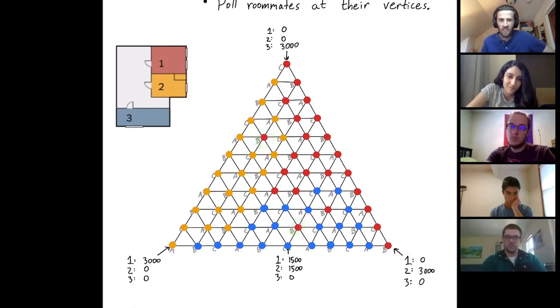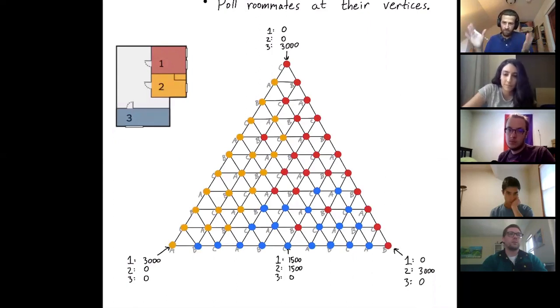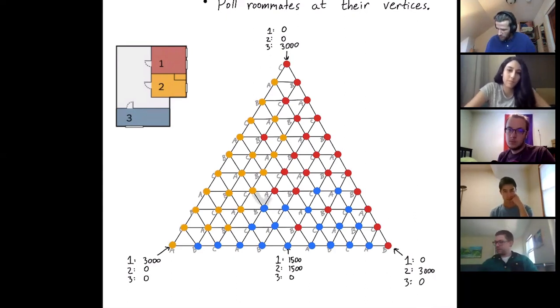There are price points where nobody else is considering room 1, but person B still is, right? Nevertheless, under some pretty generic labelings, there still will always exist a rainbow colored triangle. Here there's again only one, I believe. Yep. And that's where our division is going to be.